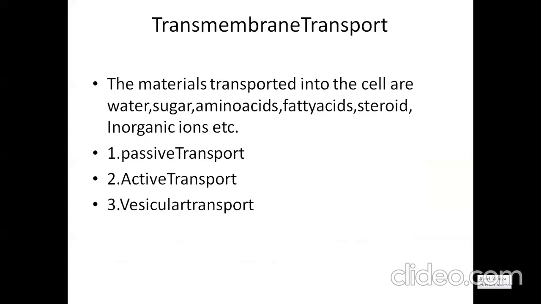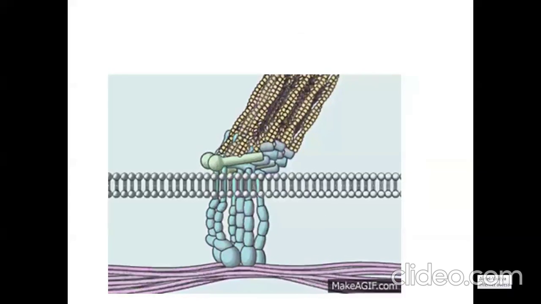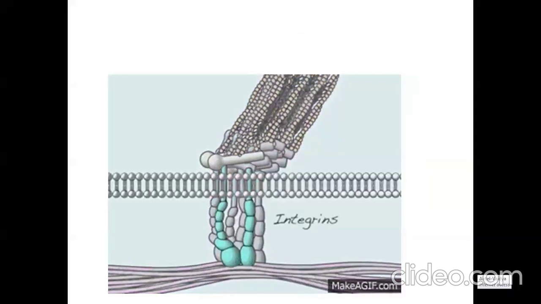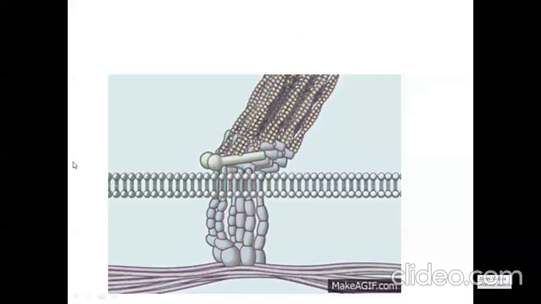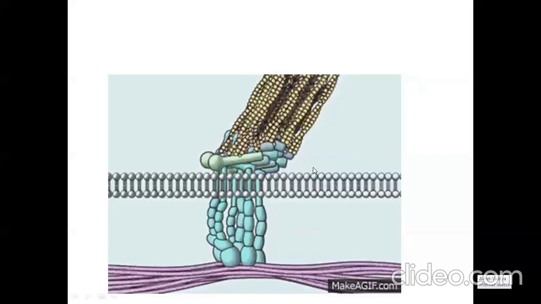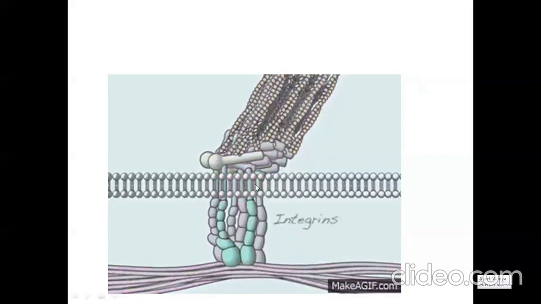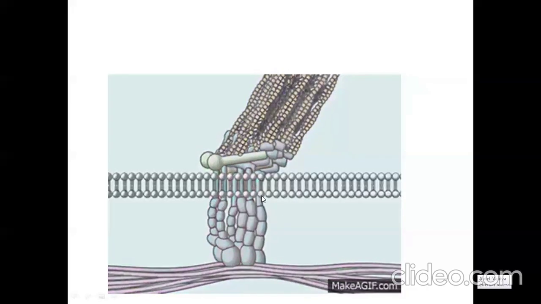So next one is transmembrane transport. We already saw about this. And what is happening? See the integrins. I said in between the bilipid layers you will be having proteins, that is integrins.